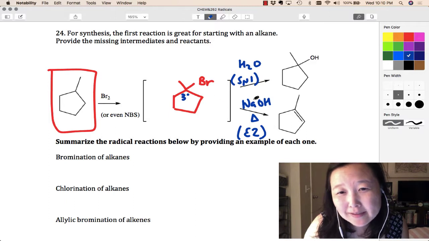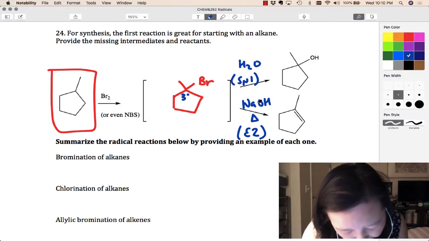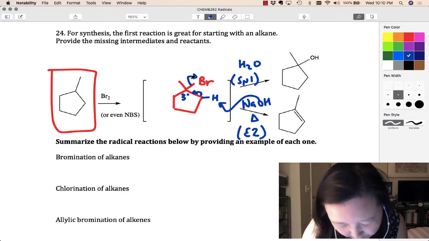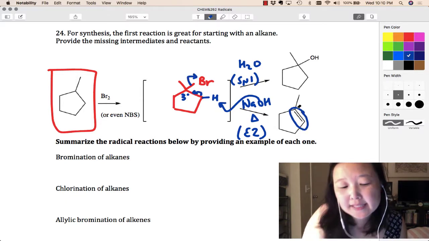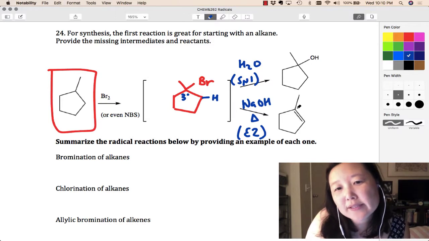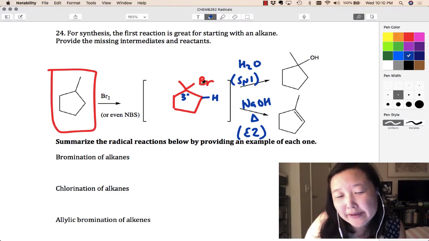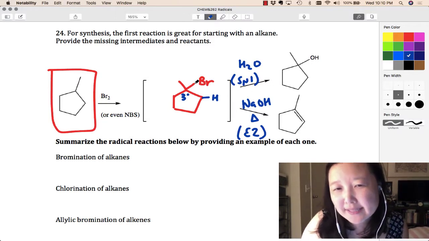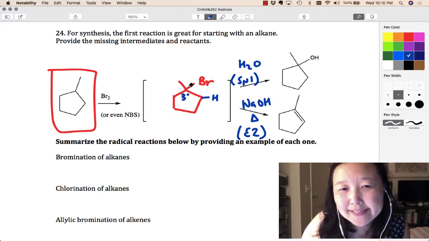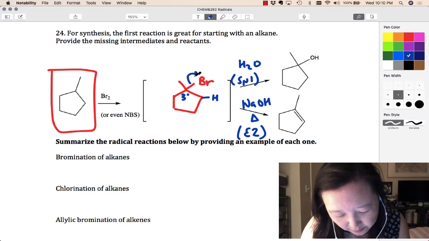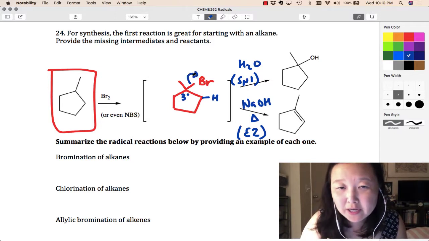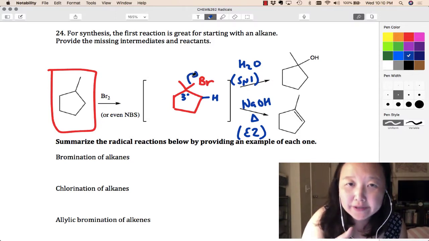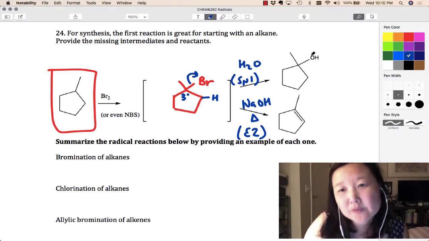Hydroxide is small, and it will come in and grab this H and give me the double bond here. So that's E2. And then if I want to do an OH group here, I need to do substitution, but not SN2. I have to go SN1 because this is tertiary. So I need to let go of this bromide, make a tertiary carbocation, then have water attack it. And so all I need is water.